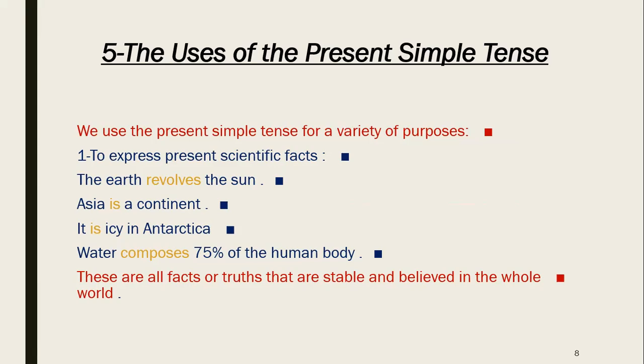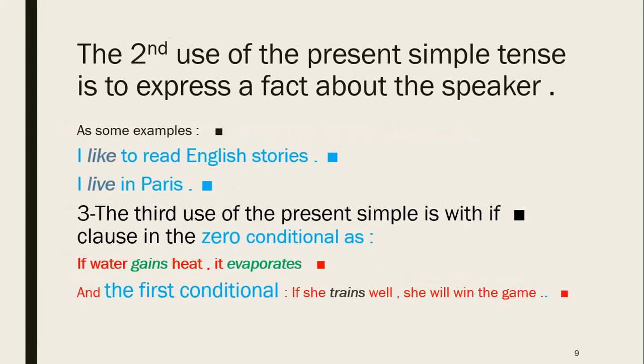Revolves is present simple. It's icy in Antarctica, is also a present simple verb. Water composes 75% of the human body. Composes is a present simple verb. So we can say these facts are truths, accepted and believed in all parts of the world. So this is the first use, to express scientific facts in the present.